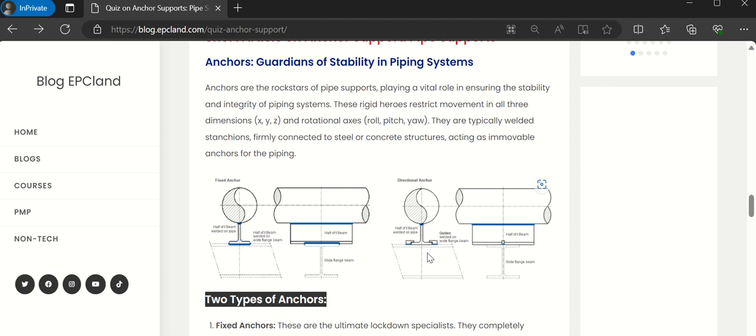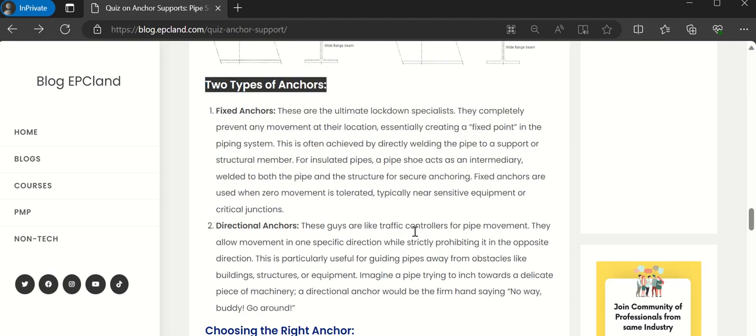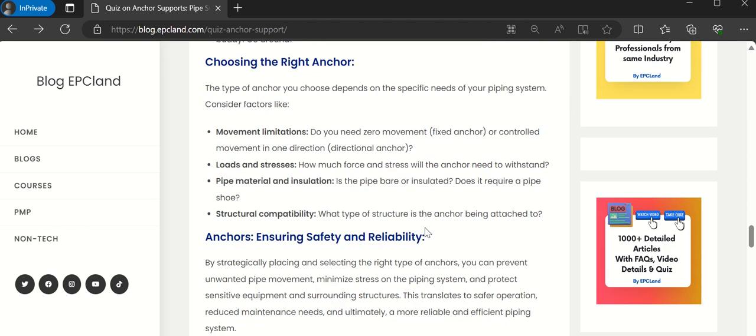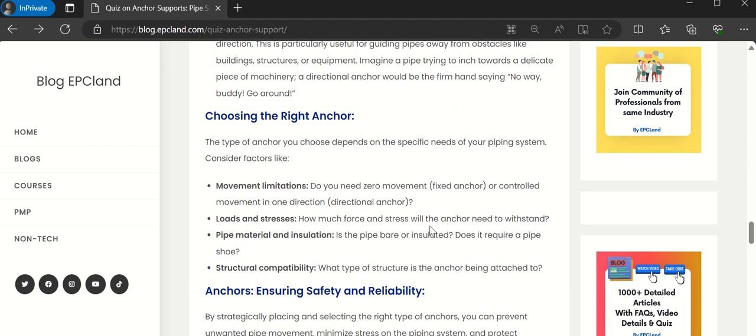That means in this direction it can move, but in this direction it is restricted. So that is why we call it a directional anchor. Based on these features, wherever we need to limit the movement in some direction, we can use it. We need to look into various loads and stresses, pipe material and insulation, and structural stability also.